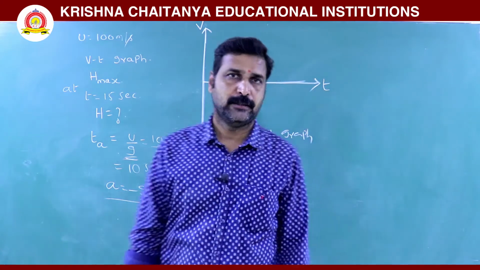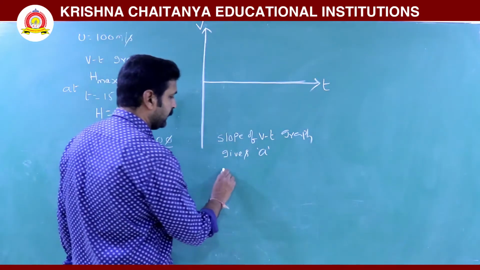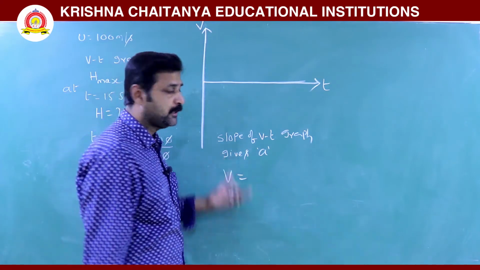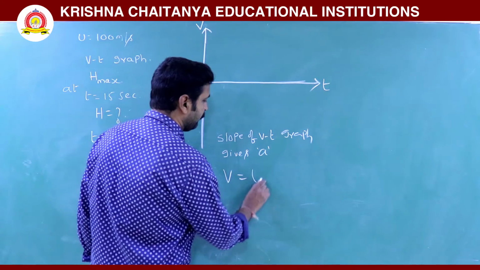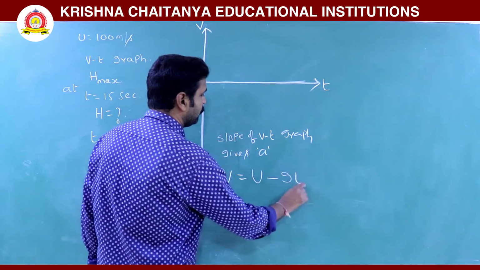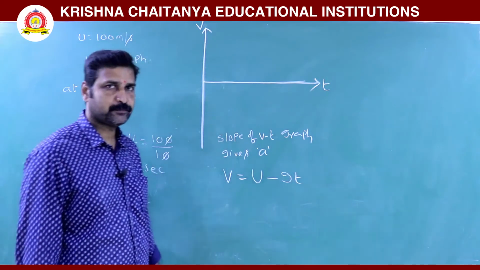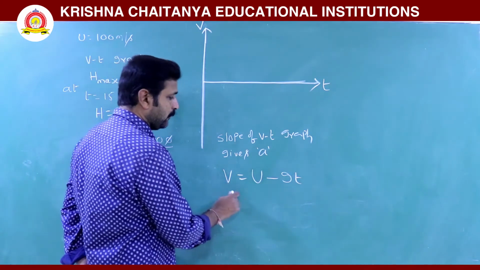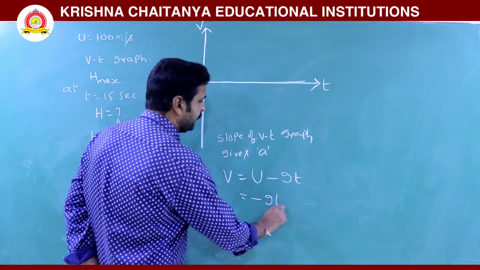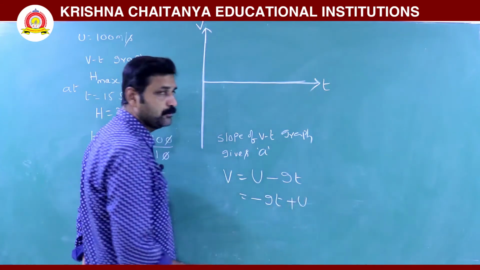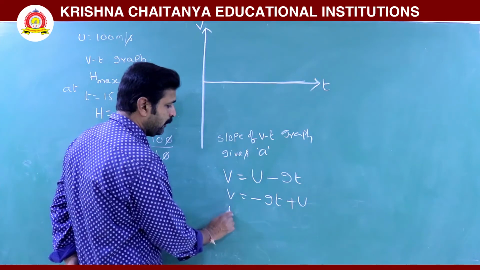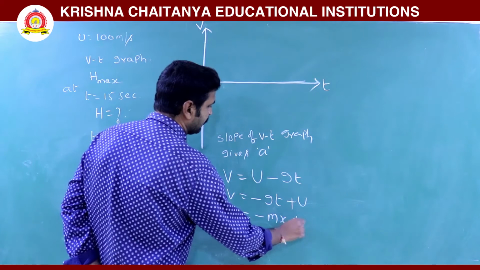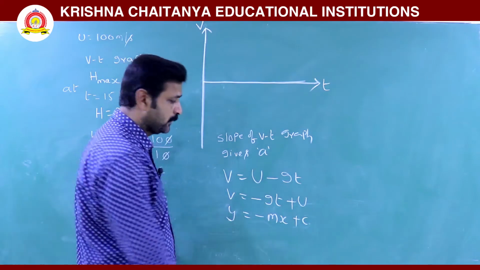Generally, if we write the velocity expression for constant acceleration, that means the equation of motion for velocity, v is equal to u minus gt. We can also write it as minus gt plus u, which is in the form y is equal to minus mx plus c.